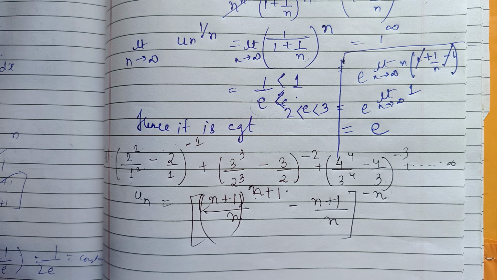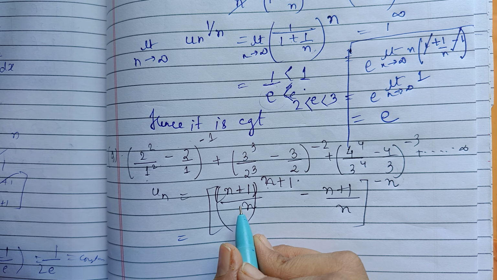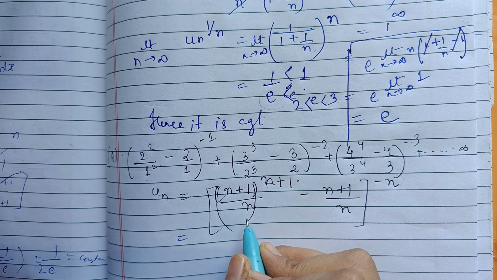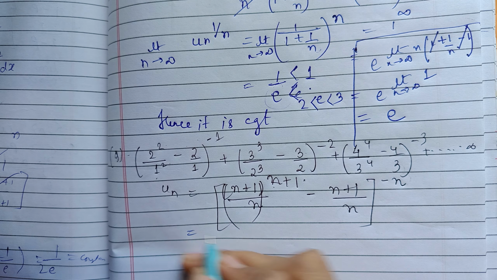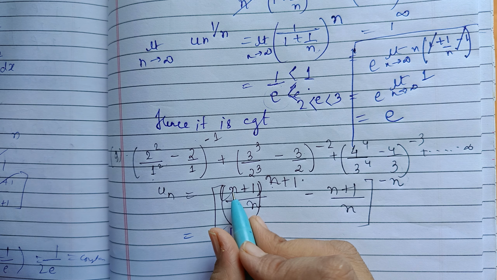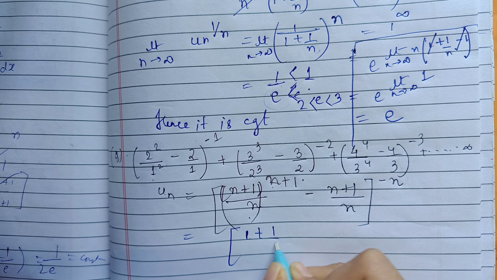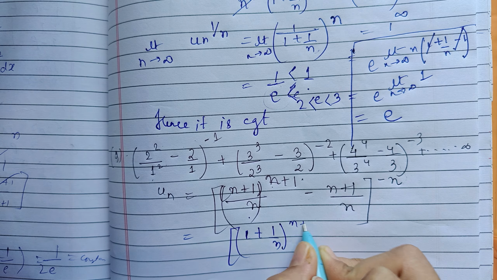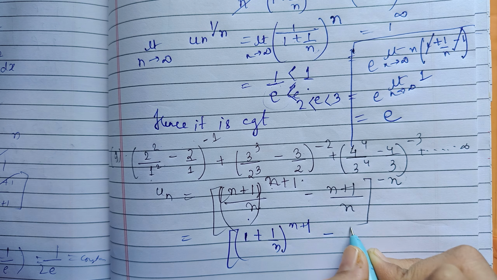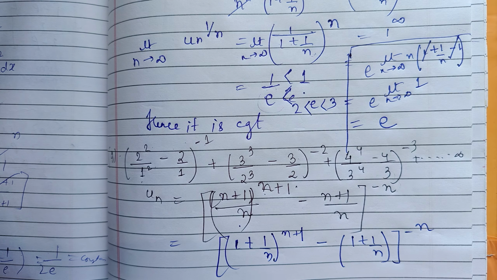Okay, now what are we going to do? I will be taking n as common from this side. Before taking common, I'm just dividing n upon n. (1 + 1/n) to the power n+1 minus, this side also, (1 + 1/n) to the power minus n.